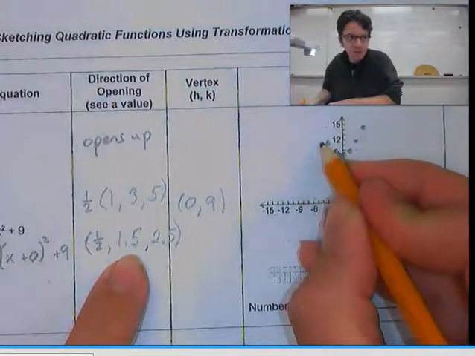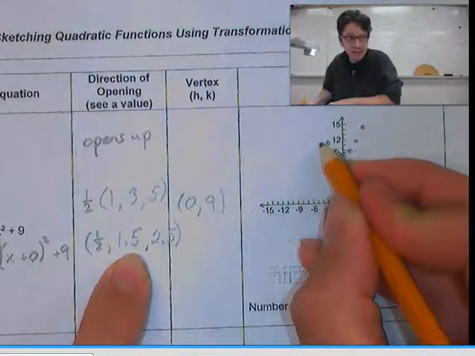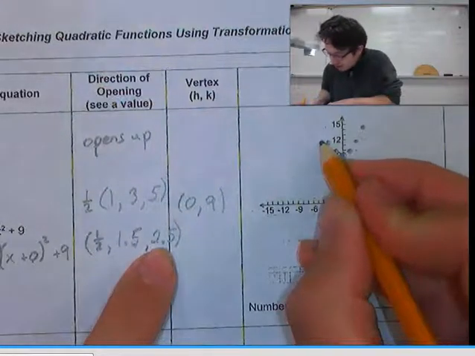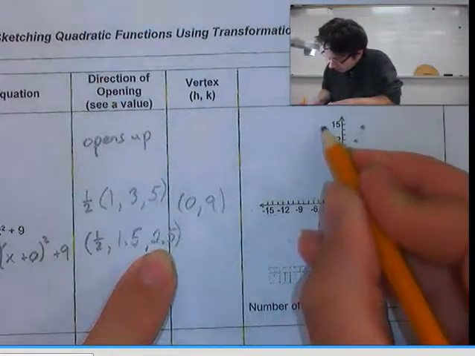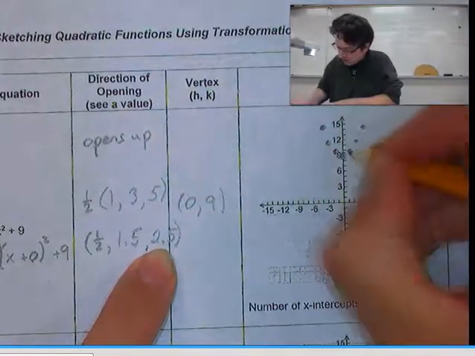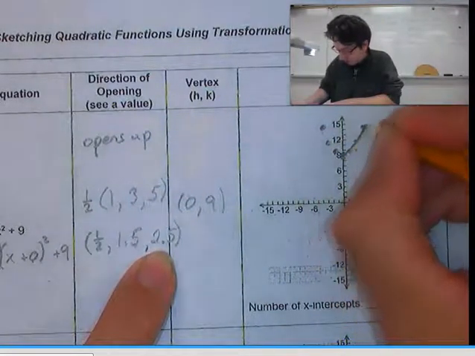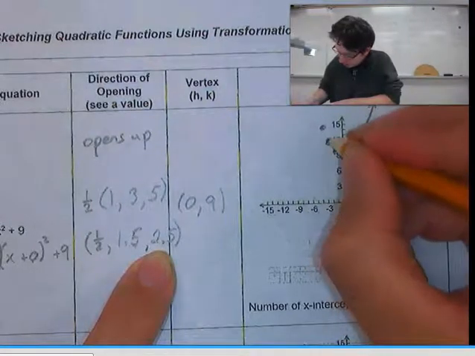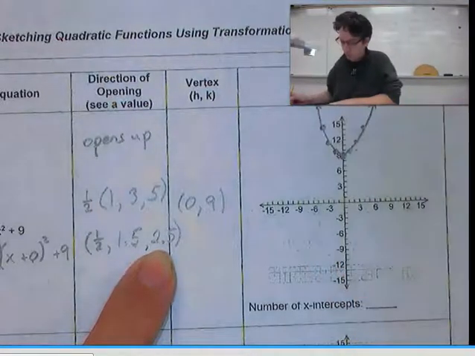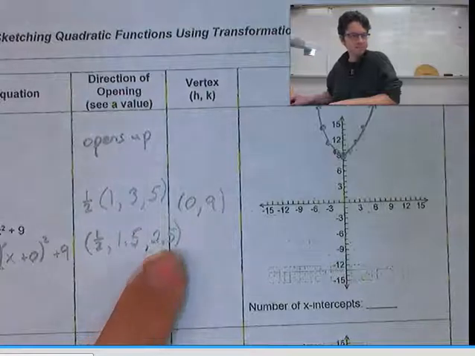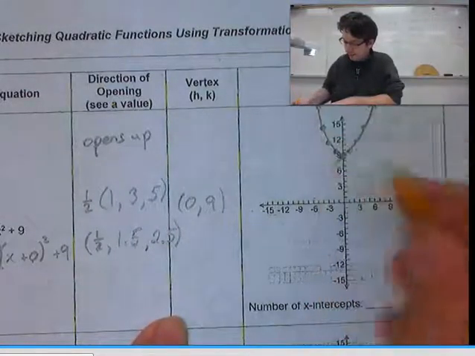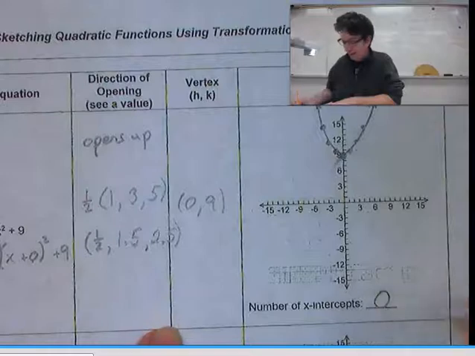We only ever move by 1 on the x-axis. Then we're going to go up 2.5. So those are our 7 points. And we're just going to sketch it. Okay, and we can see from this we don't have any x-intercepts.